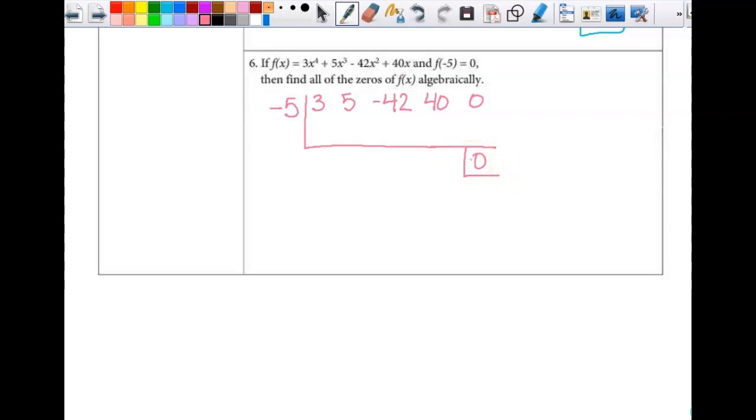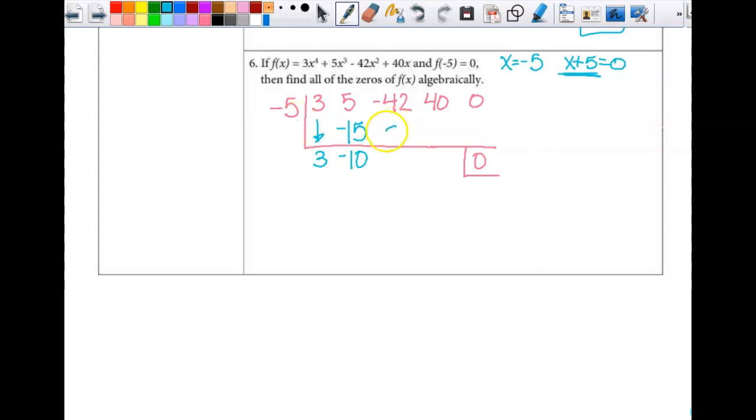And we also know that if I have f of negative 5 equals 0, that means that x equals negative 5. So that means that x plus 5 equals 0, and this is one of my factors. Okay, x plus 5 is a factor. All right, so I bring down this 3, negative 5 times 3, negative 15, then negative 10.